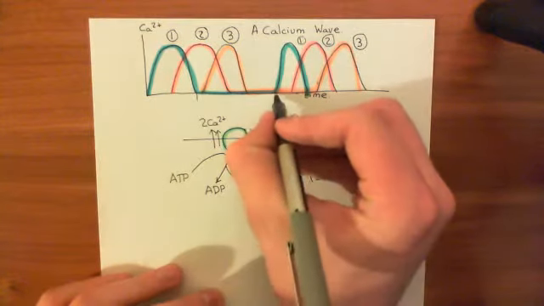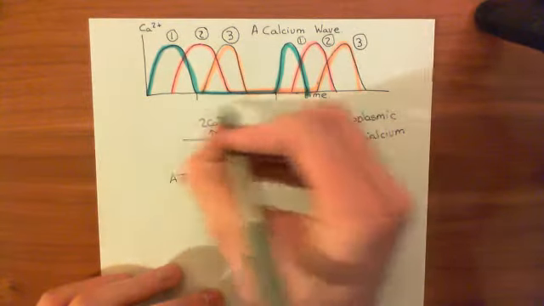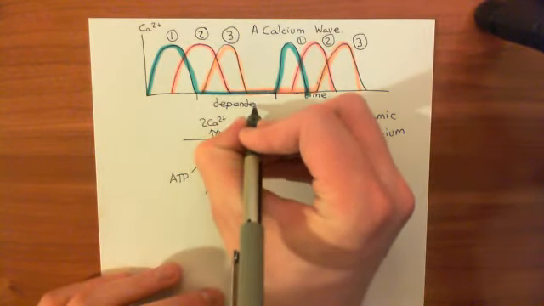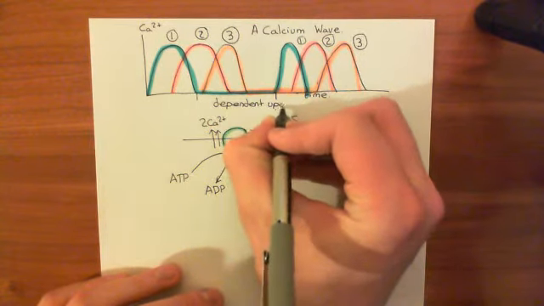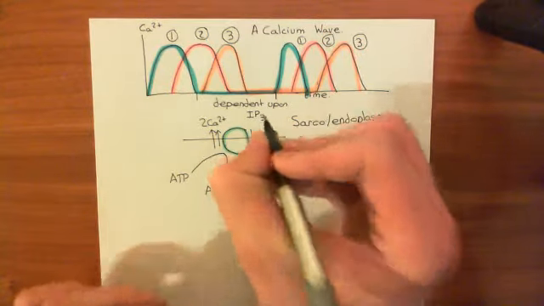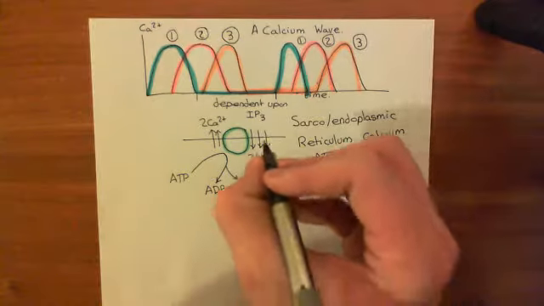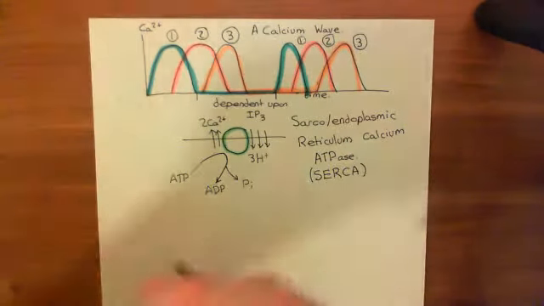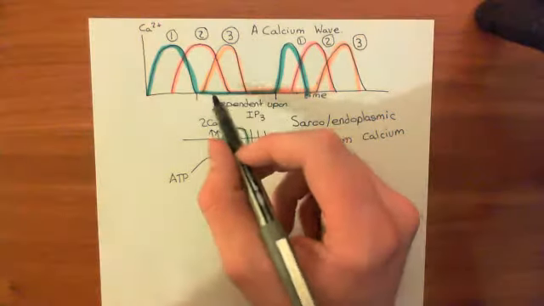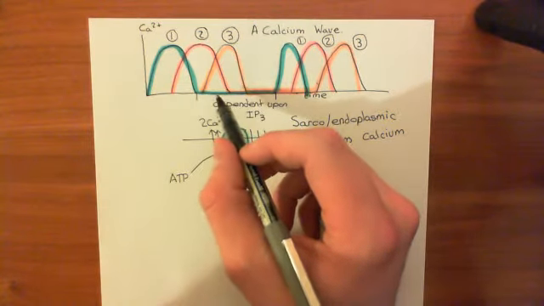So this interval here between consecutive calcium spikes at a particular point is dependent upon the IP3 concentration. So if you have a higher IP3 concentration, which indicates that you have a higher concentration of acetylcholine stimulating the production of the IP3, you get a shorter interval between calcium spikes, i.e. you fire calcium spikes more frequently.